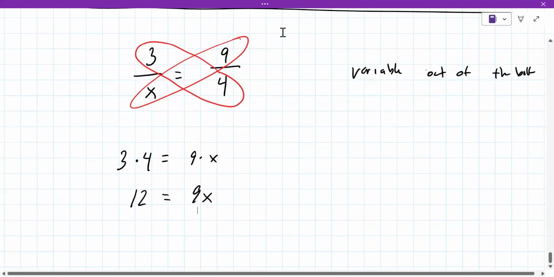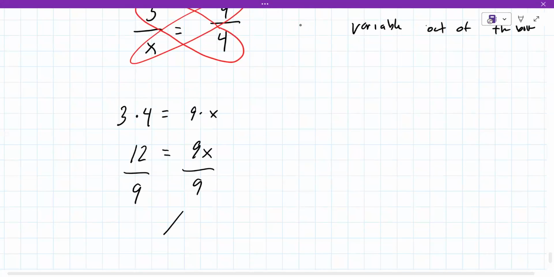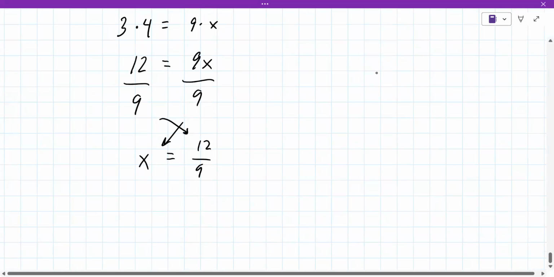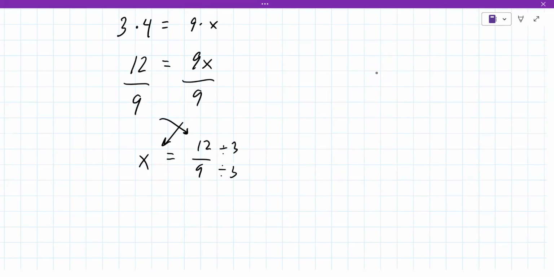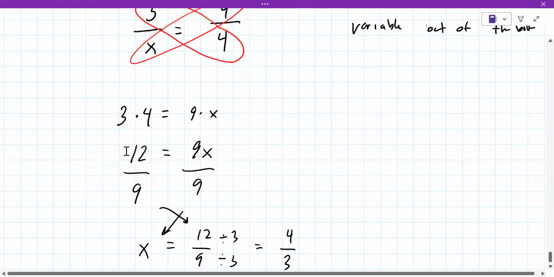And then you divide both sides by 9. Just like in the previous problems, you may have to reduce your fraction. For example, 3 goes into both of them, so you can divide by 3, and it becomes 4/3. But this cross multiplying is a key consideration here.